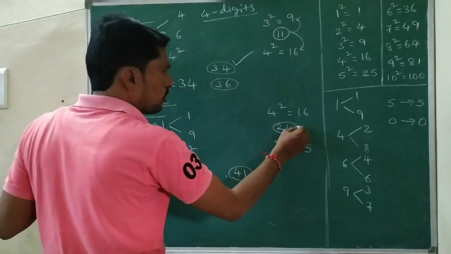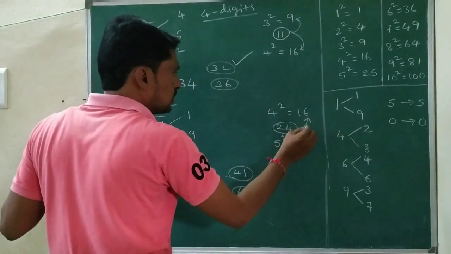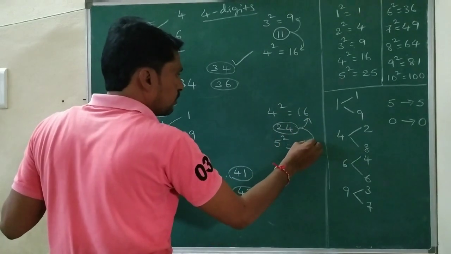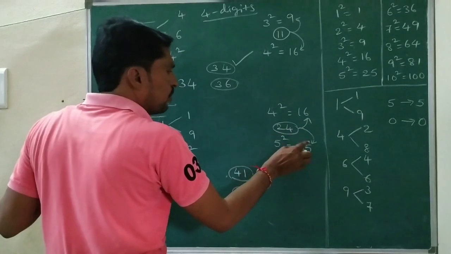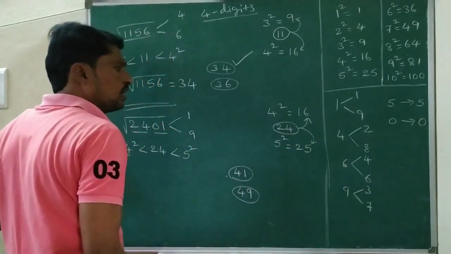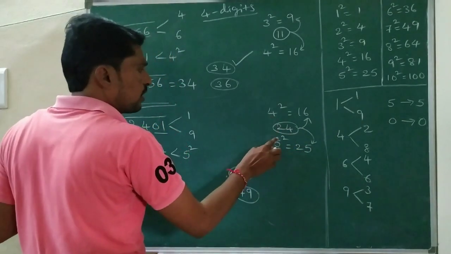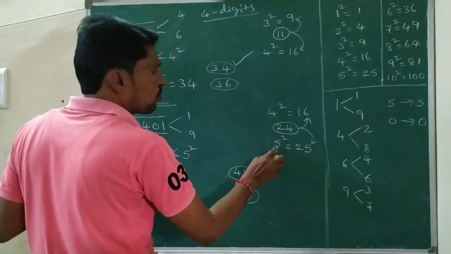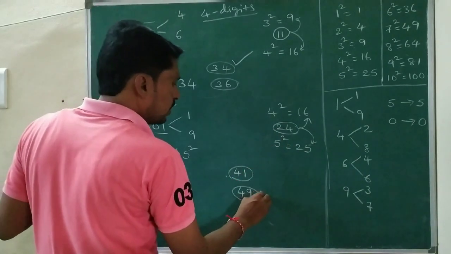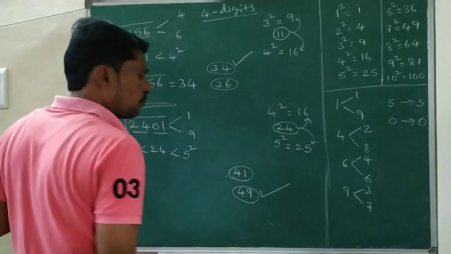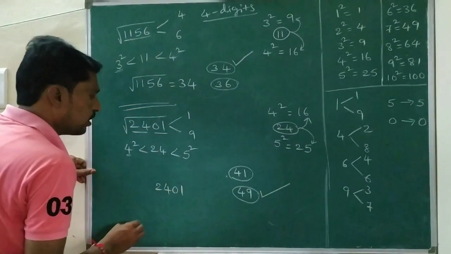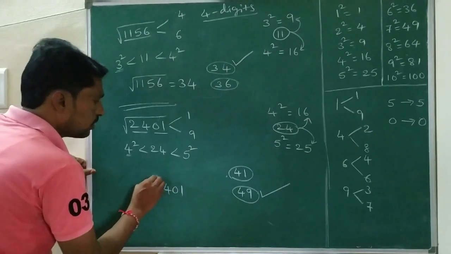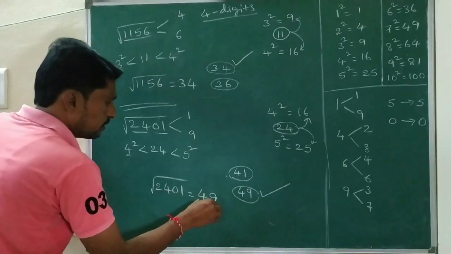Is 24 nearer to 16 or to 25? 24 is very close to 25, and 5 is the greater number. So we need to choose the greater number, which means the square root of 2401 equals 49.